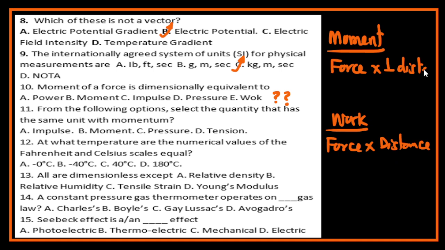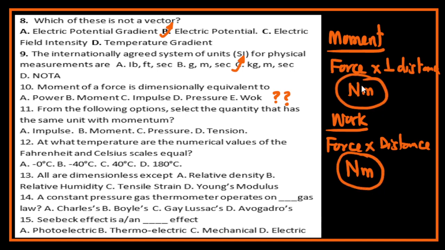So what we are interested in here, either perpendicular distance or distance parallel to the force, for unit and dimension we are less concerned. The unit for force here is going to be Newton, for distance it will be meter, so we have Newton meter. For work, the unit for force is Newton, while for distance it's meter, we have Newton meter. So we can tell that dimensionally speaking, moment and work are equivalent.